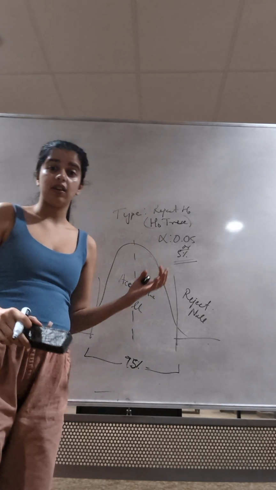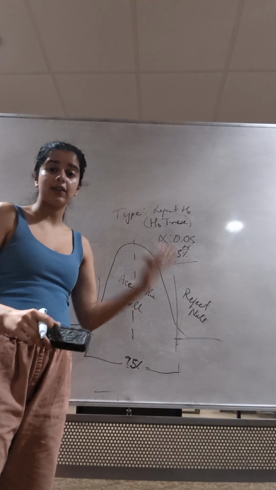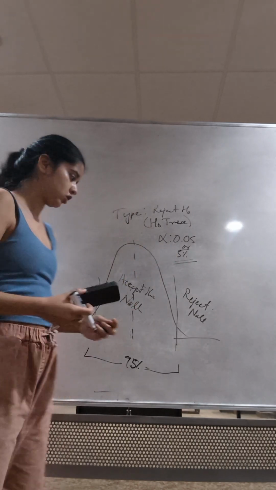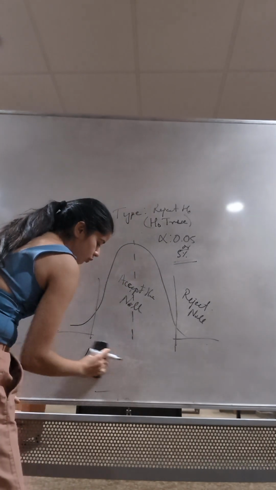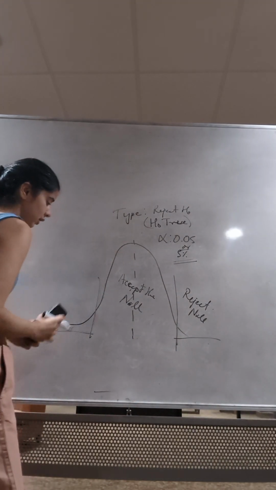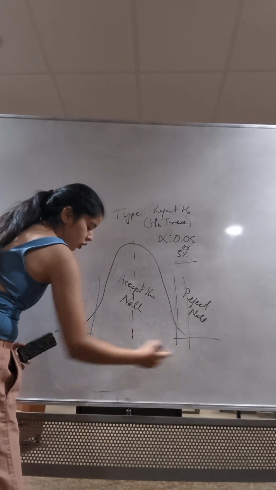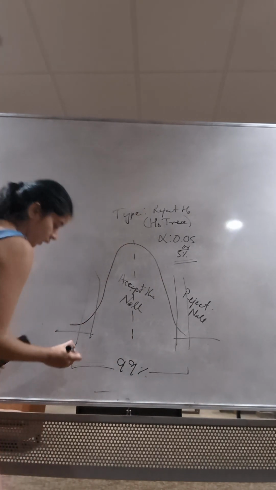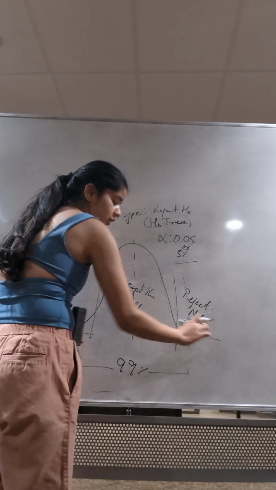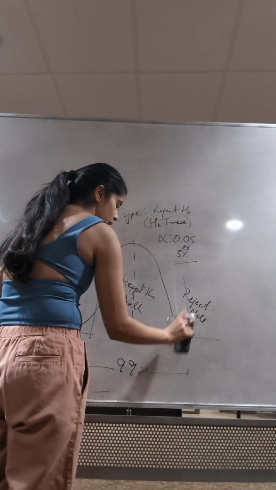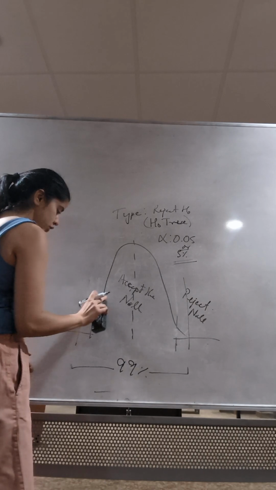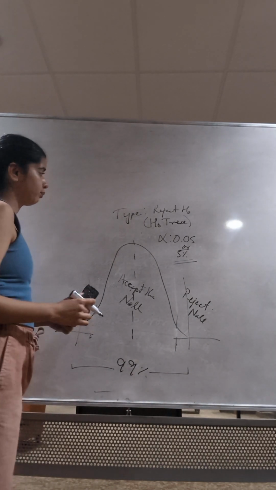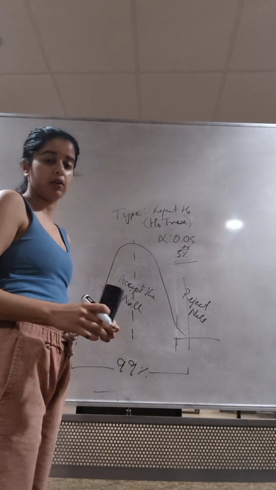Like in life and death situations, if you're administering a medicine that's going to potentially cause hazardous side effects to the patient, what you do is you expand your confidence interval to 99%, so that you don't end up rejecting a lot of scenarios and accept the majority of whatever cases come your way, just because you want to avoid the type 1 error.